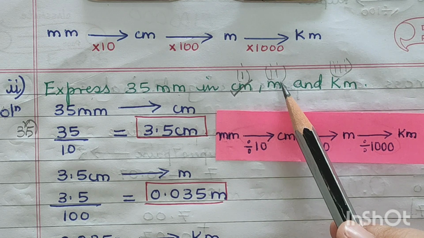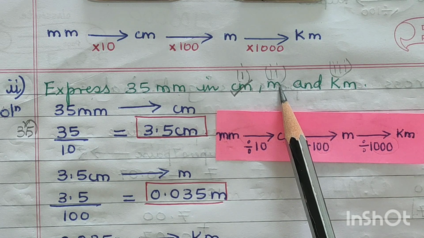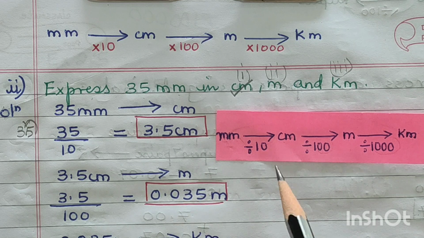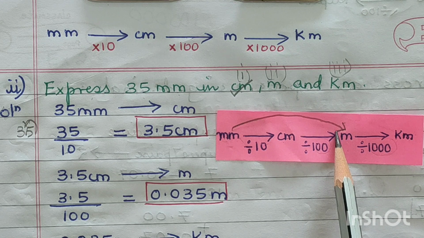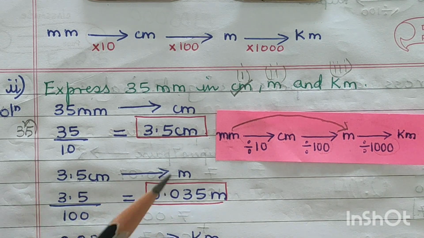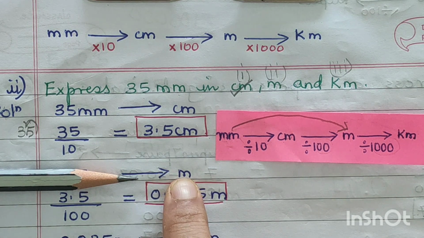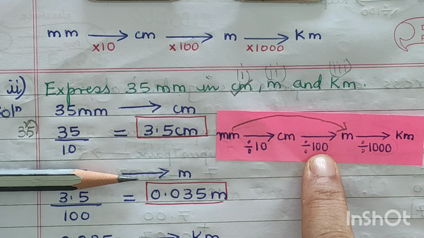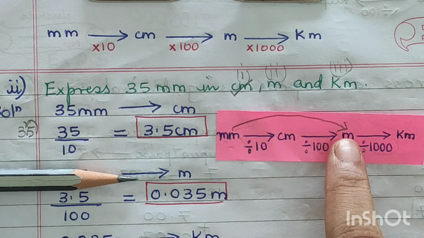Now let's aim for the second part where we have to convert 35 millimeters to meters. You could simply write 35 millimeters and convert this to meters by dividing by 1, 2, 3 zeros. So you could have said 35 divided by 1000, because you have to move from millimeters to meters.